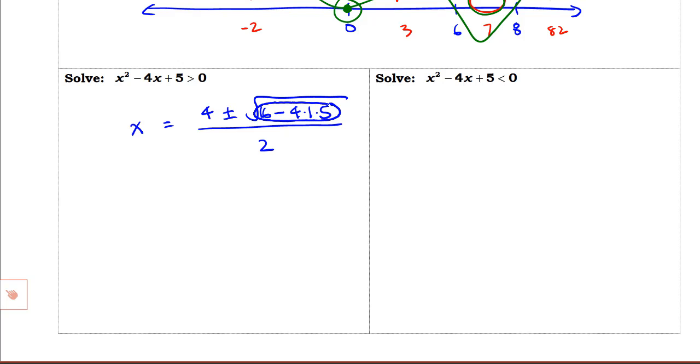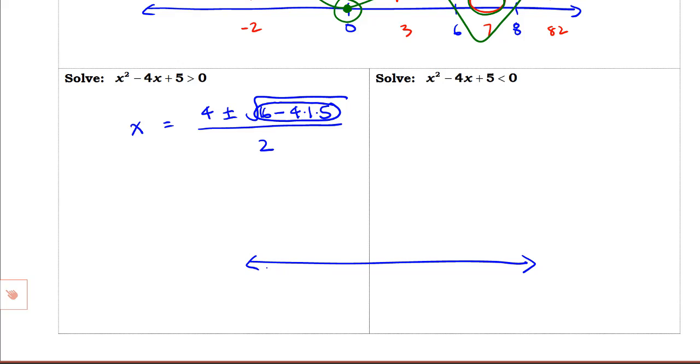We have a negative number under the radical. The discriminant is negative. It doesn't cross the x-axis. So we don't have any critical values, which means we have one region with no boundaries, from negative infinity to infinity.